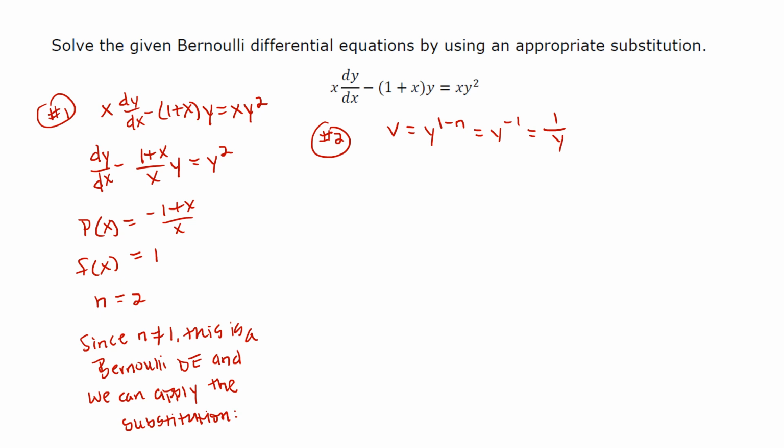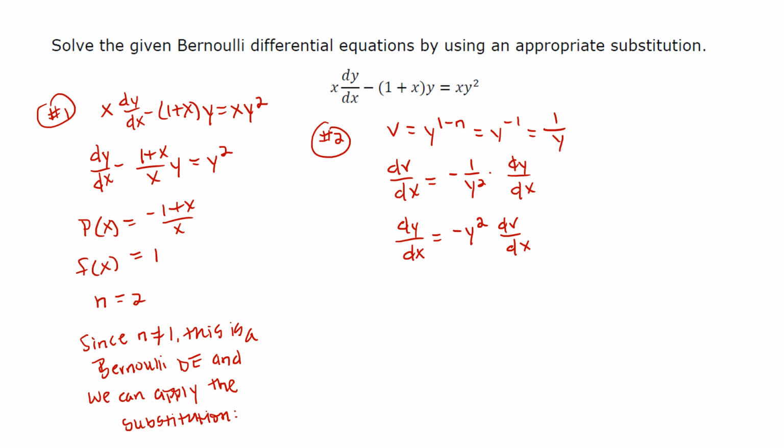If we differentiate both sides, dv over dx equals negative 1 over y squared times dy dx. Okay. We can rewrite this in terms of dy dx to isolate that by itself, and we get negative y squared times dv over dx.